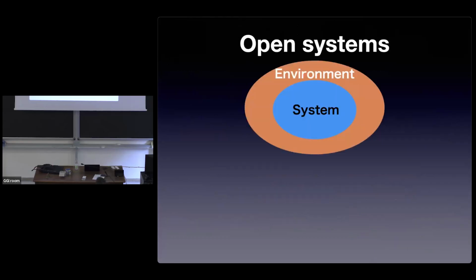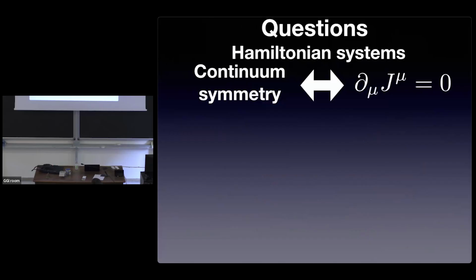Okay. So now this works for the closed system, and we'd like to move on to the open system. The simple question is, what is a global symmetry in an open system?